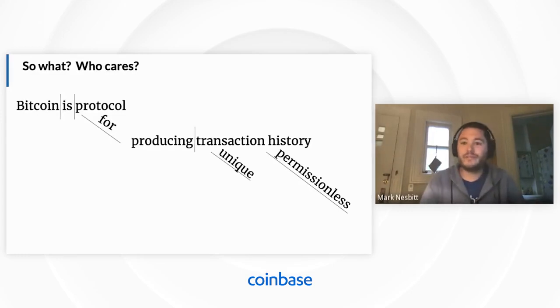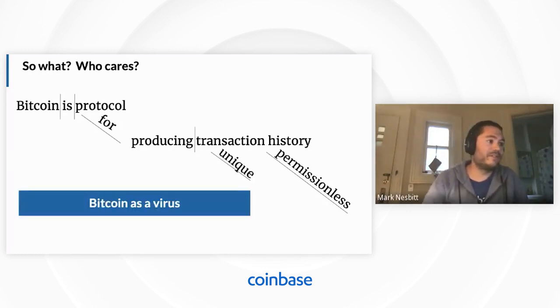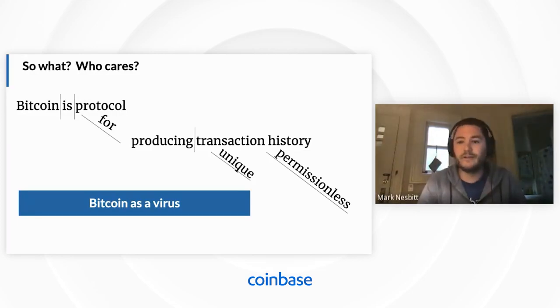I think it's worth concluding on a bit of a so what, who cares question. Why does this matter? Why isn't this just some academic definition? I wrote this presentation before the coronavirus came around, so I don't mean this to be an insensitive comparison or a difficult topic, but I've always thought of Bitcoin somewhat similar to a virus.